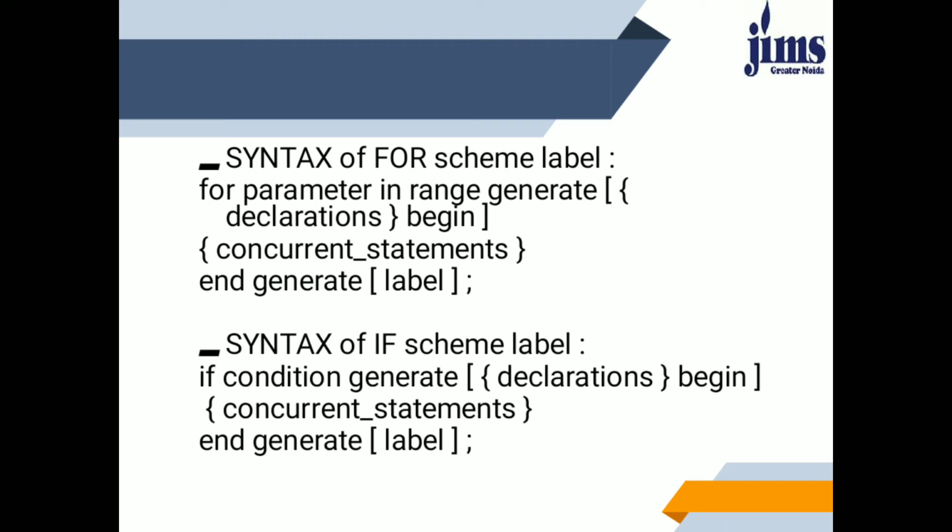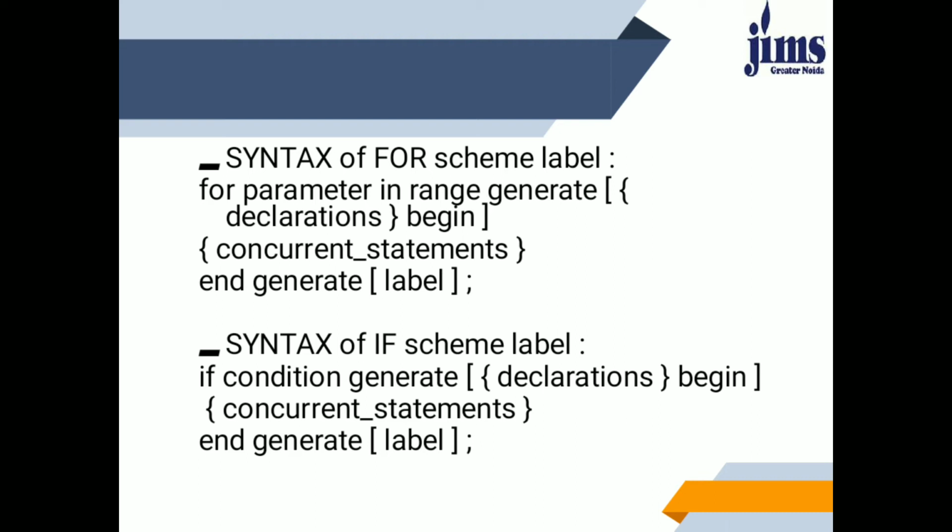Syntax for the for generate is: first we need to define the label, colon, for the parameter or identifier in range, then generate, then we will give the concurrent statements and end generate with the label. If we are using the if generate scheme, then how will the syntax look?